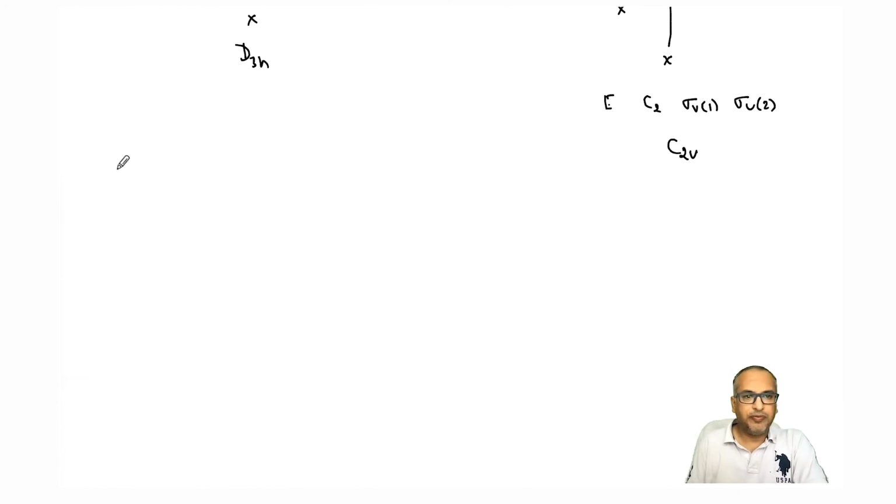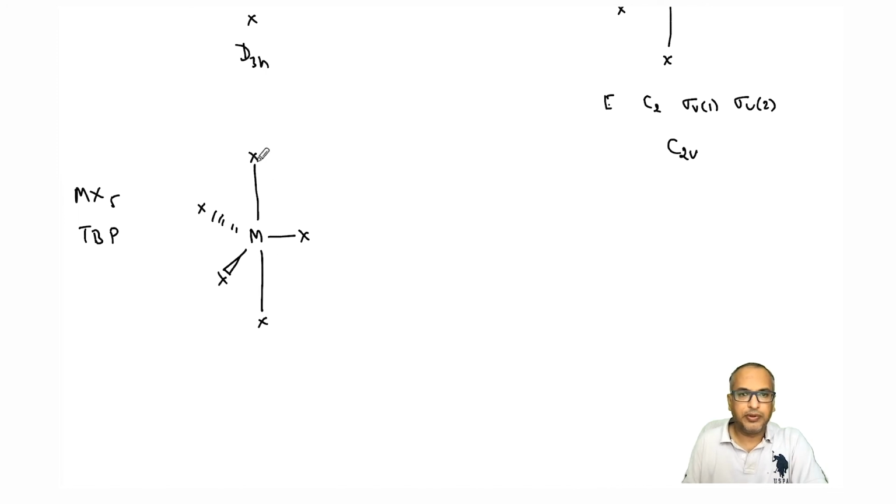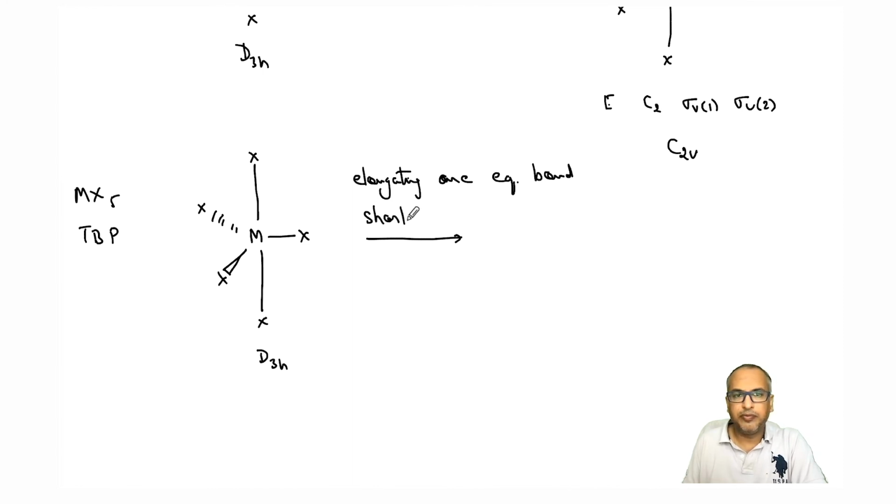Again we have MX5, and our starting geometry is trigonal bipyramidal, so this is D3H. The distortion here is that we are elongating one equatorial bond, and simultaneously we are shortening one axial bond.